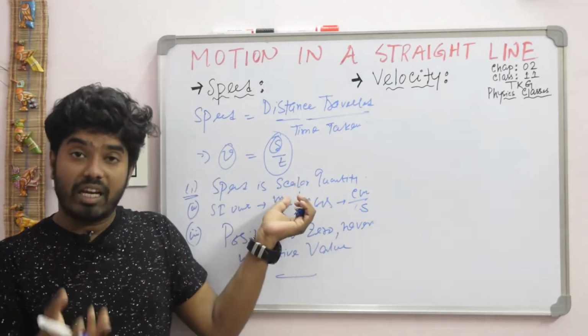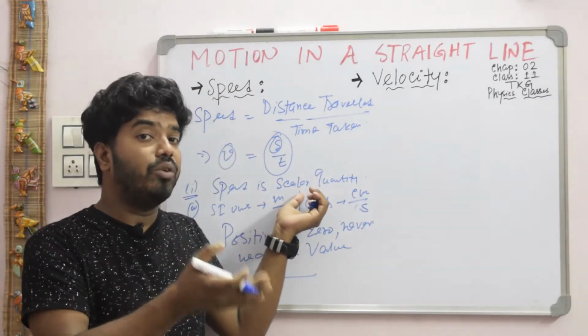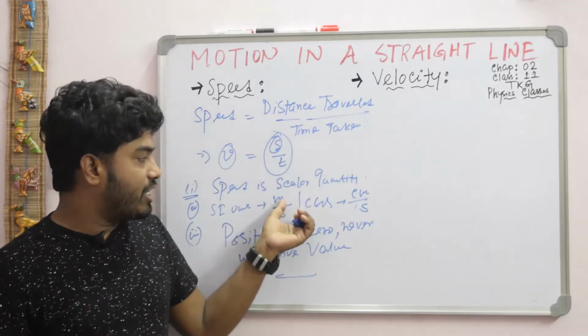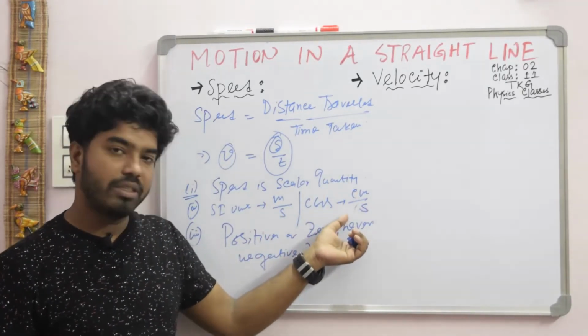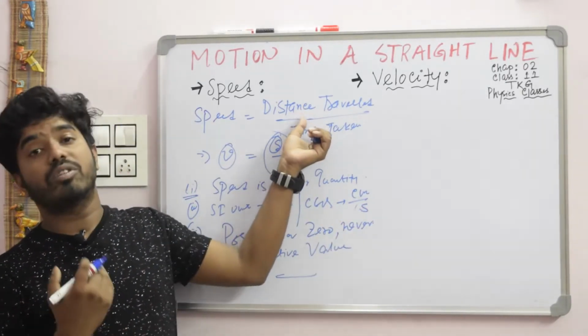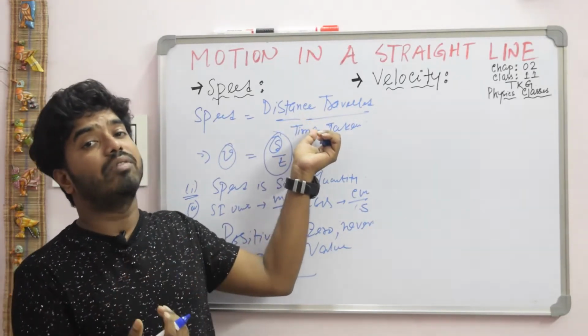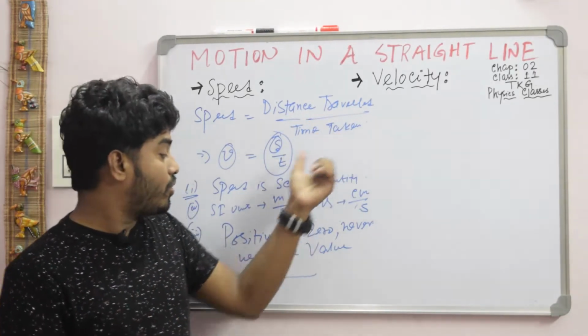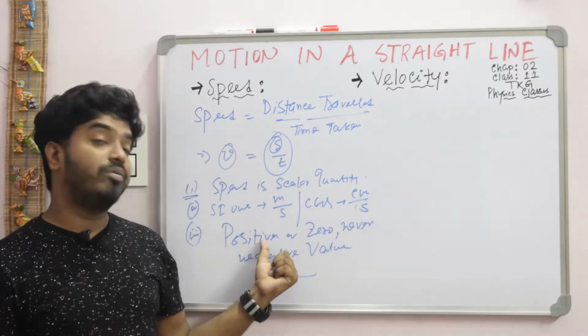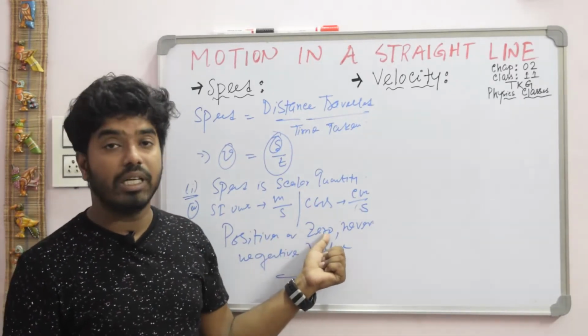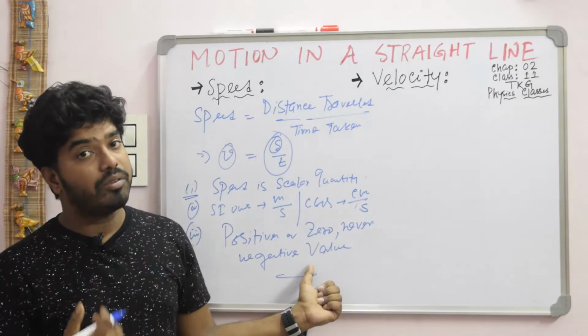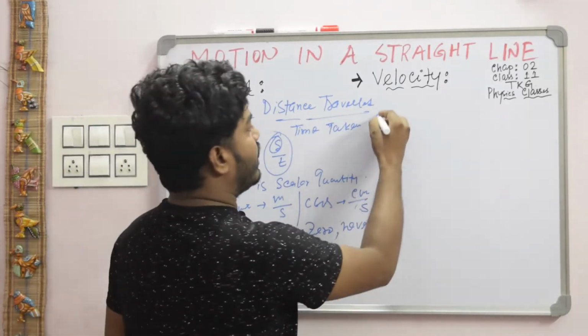Speed is a scalar quantity because it has only magnitude, no direction. The unit is meter per second, the CGS unit centimeter per second, and as distance is positive or 0, speed also gives positive or 0 value, there is no negative value of speed.